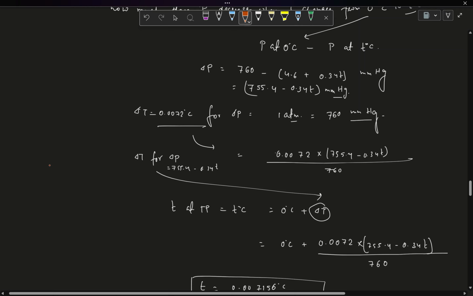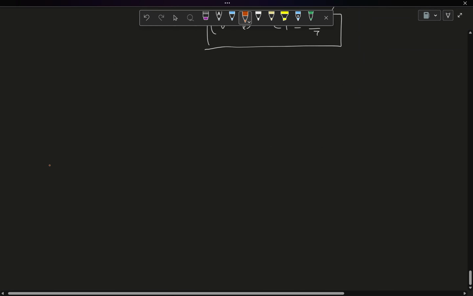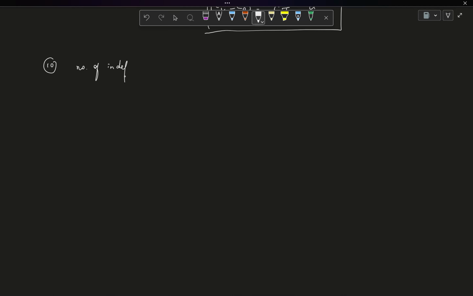So let me write this down as well. Question number 10: number of independent variables, or in other terms degrees of freedom, of an equilibrium mixture, F equals C plus P minus 2, right?